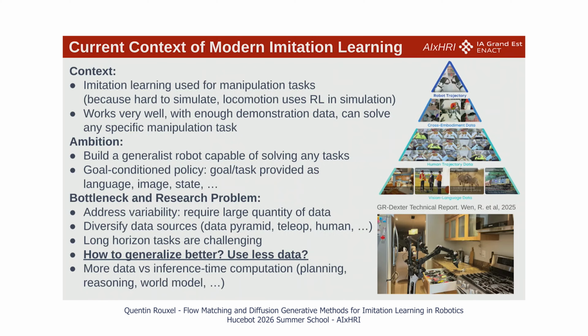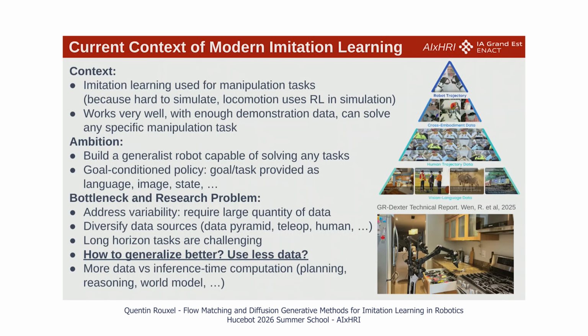And typically, when we want to solve a task, we have to address some kind of variability. Every time we solve a task, it's never exactly the same task, which requires a large quantity of data, because sometimes the task will be a bit different: an object will be at a different position, the target position when we want to place the object will be a bit different every time.